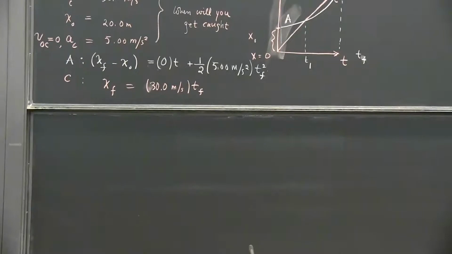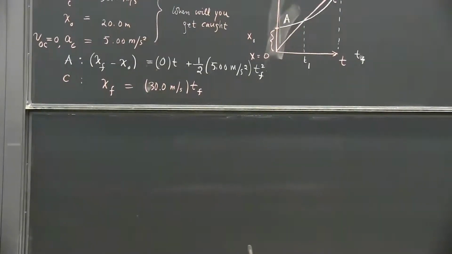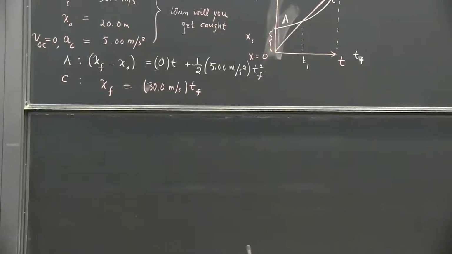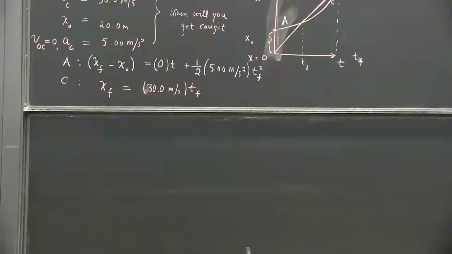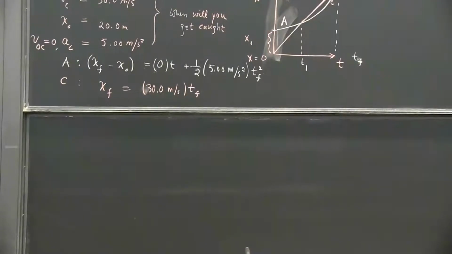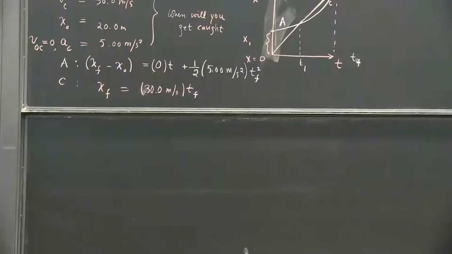So I made the cop into an A. Yes, the cop is A. C is the car. A is the white one, that's the cop.